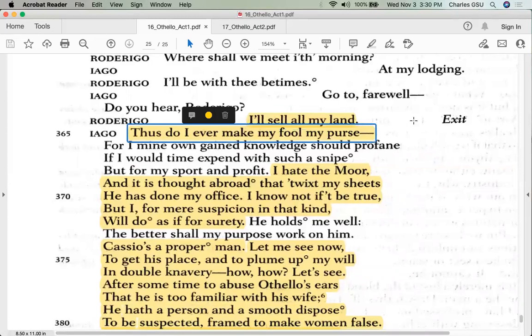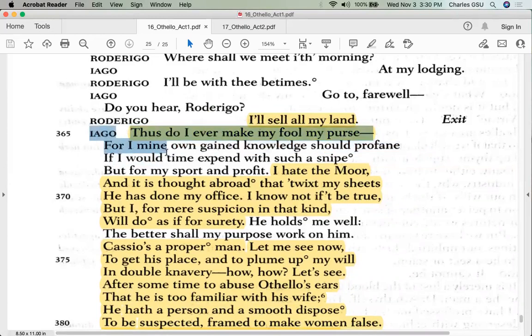And once he leaves, this is the first of many soliloquies in the play. A soliloquy is a monologue that is spoken when no one else is on the stage, and therefore serves as the internal thoughts of a character. But of course, if they don't speak, we can't hear them.